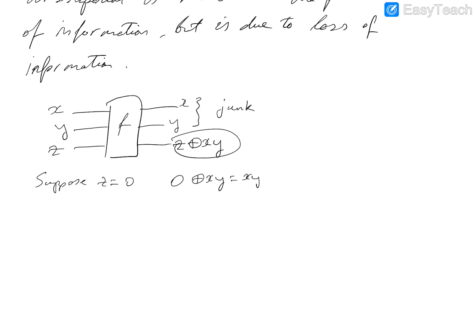I mean, function AND contains two inputs and one output. Well, in order for a function to be reversible, the number of inputs should be equal to the number of outputs. So how do we transform a non-reversible function into reversible counterparts?